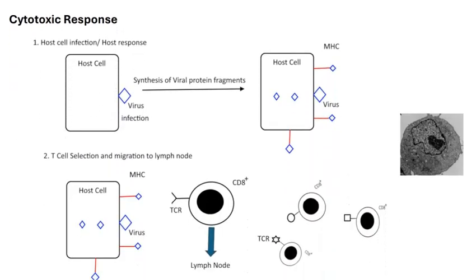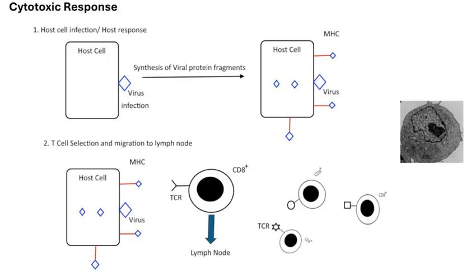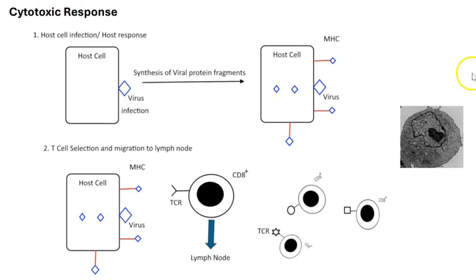The details of the cytotoxic response take a little bit more explanation, so let's go through that. First of all, we have the host cell, and the host cell is going to be infected by the virus. Higher level students, you will know that in A2.3 we go through the various mechanisms of infection by viruses.